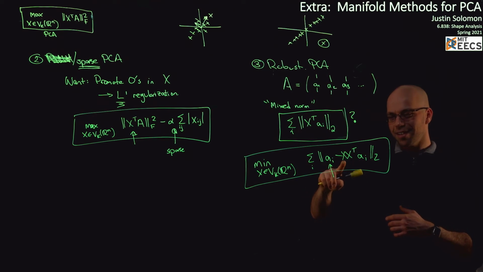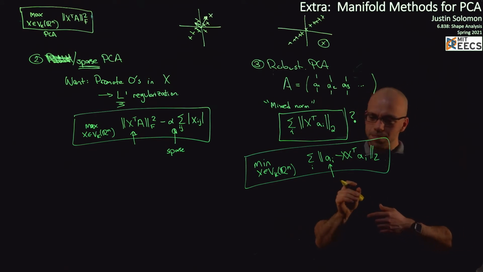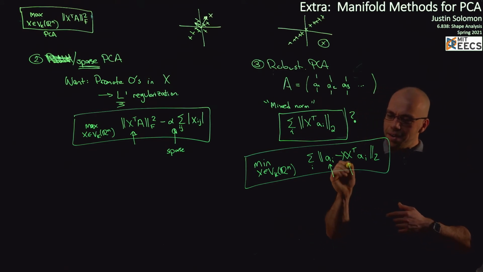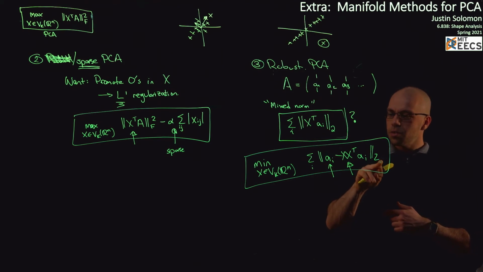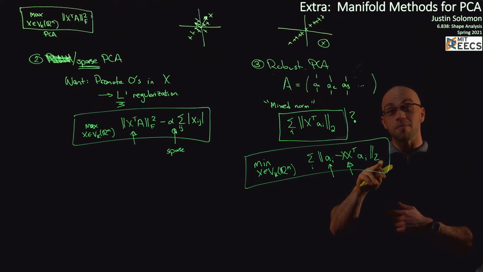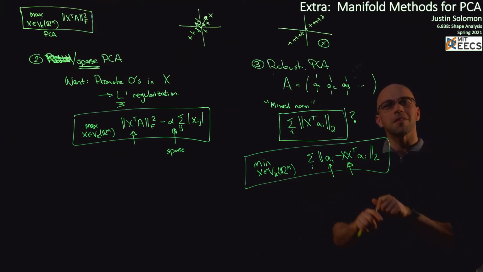Notice that I just snuck in an extra x here to write it back in the proper basis. And now I'm going to ask that the set of columns whose L2 norm is non-zero is sparse, which I can do by taking an L1 norm on this set of norms here.